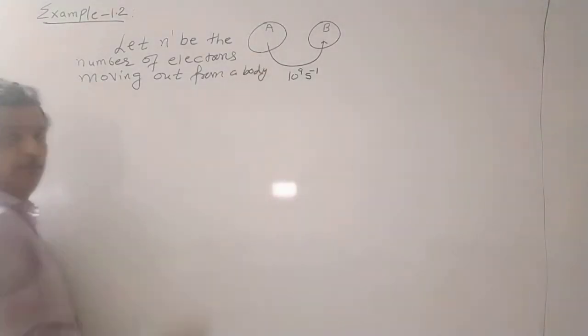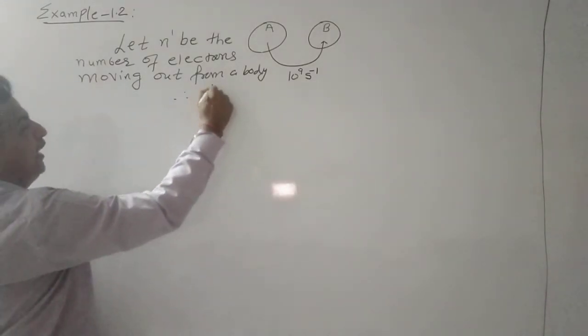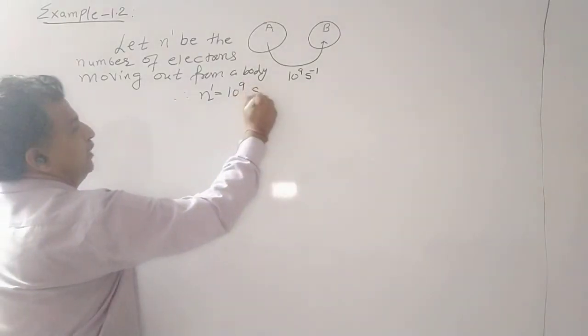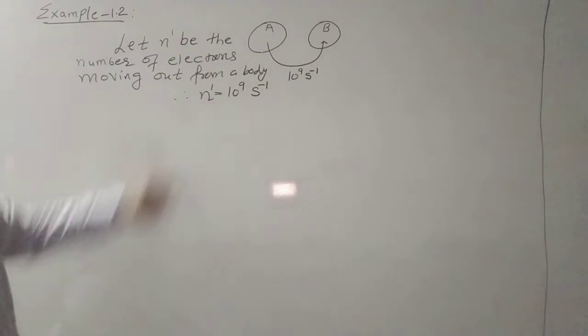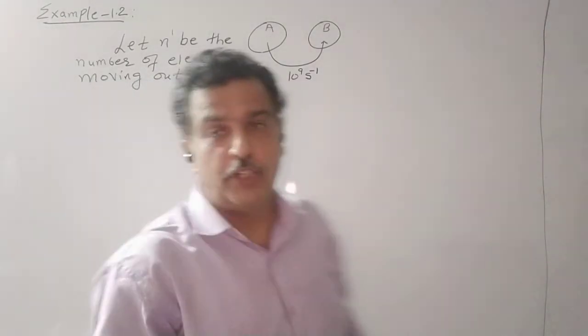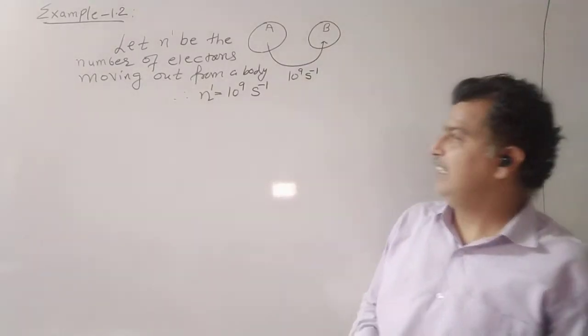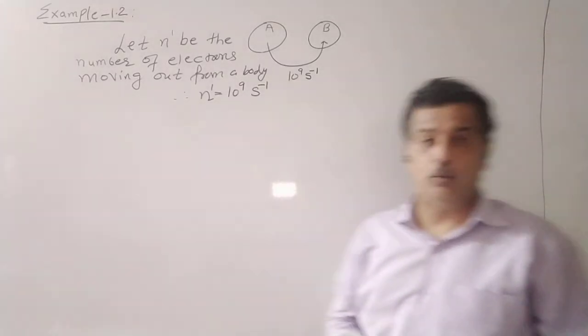So we assign a symbol n dash. Therefore, n dash is equal to 10 raised to 9 per second. Now this n dash is a symbol not for a number, it is number per second. So in 1 second, 10 raised to 9 electrons are moving out.